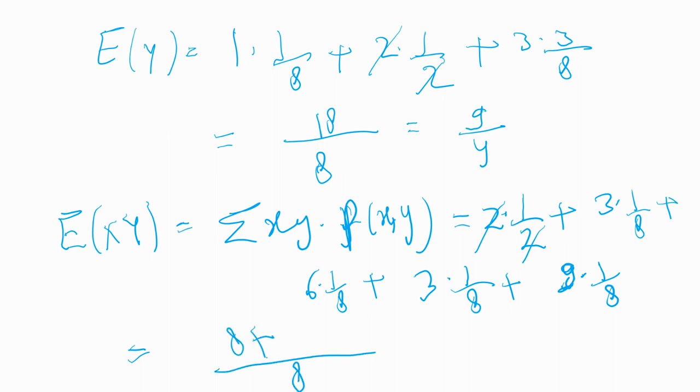This one will be 8 plus 3 plus 6 plus 3 plus 9. So in the denominator we have 8. Above we have 3, 3, 6, 6, 6, 12, 12 and 8, 20, and 20 and 9, 29. So it is 29 by 8.